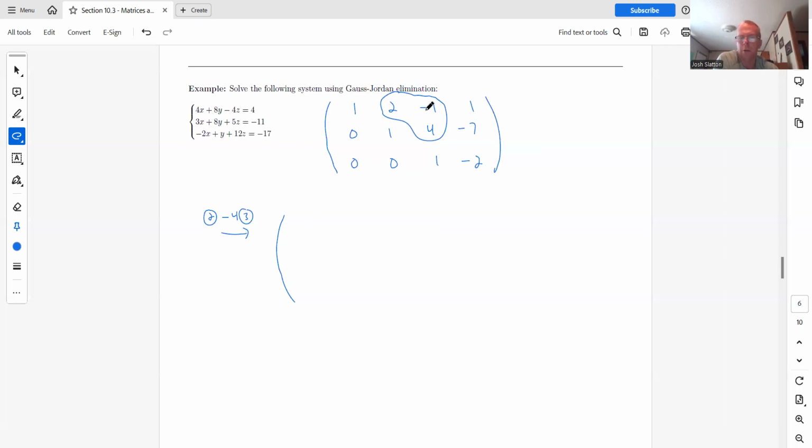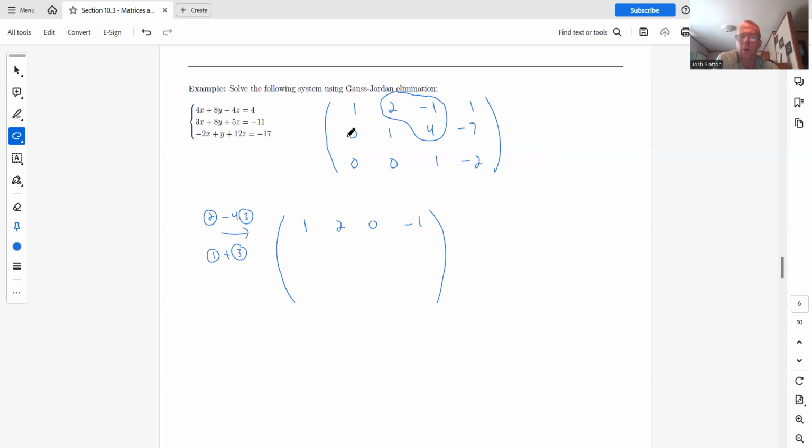And to get this one to be 0, we need to add row 1 plus row 3, and that's going to replace row 1. So 1 plus 0 is 1, 2 plus 0 is 2, -1 plus 1 is 0, and then 1 minus 2 is -1.